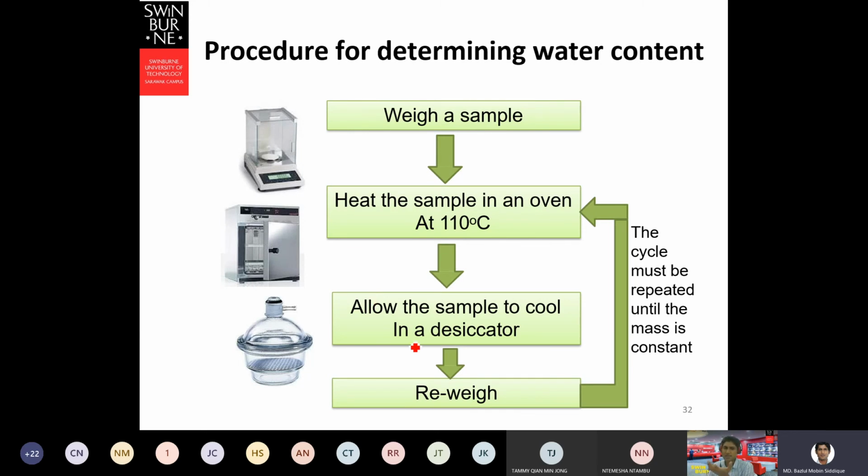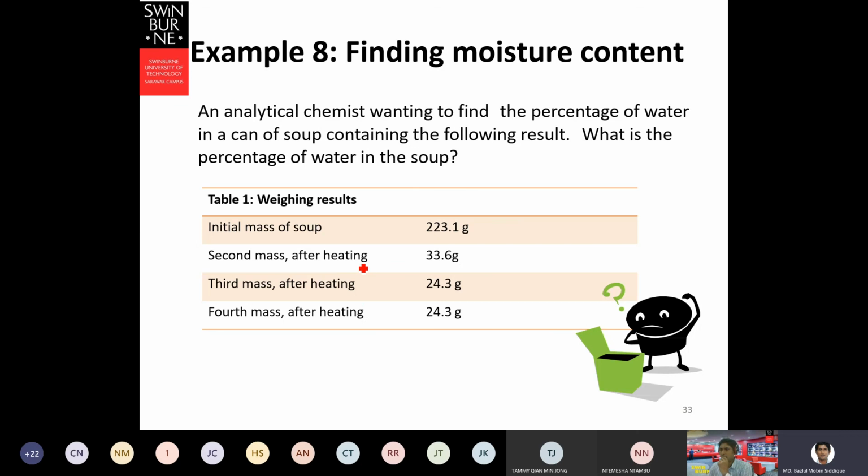If it changes, we have to do this process once again. If it does not change from the previous state, that means it is already stable. So now we know how much water was there.